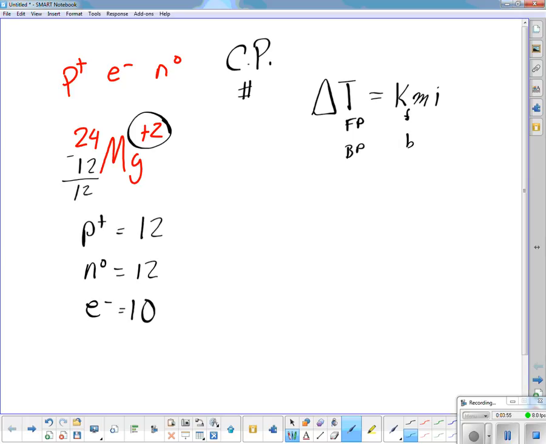I just plug in. Okay, well, what does each of those mean? Well, delta T, change in temperature, right? K, constant for either freezing or boiling. m here is what? Molality, moles of solute divided by kilograms of solvent. And then i is how many parts does it break into, or how many ions does it break into?